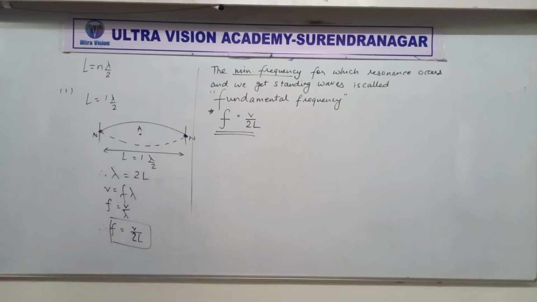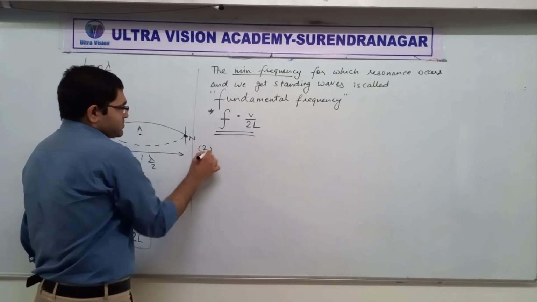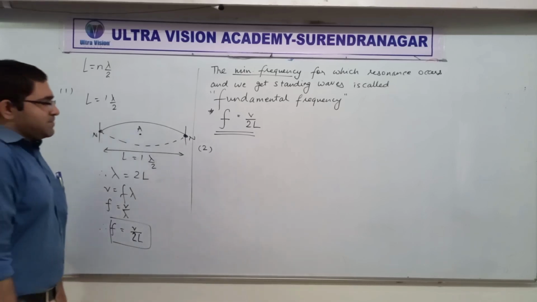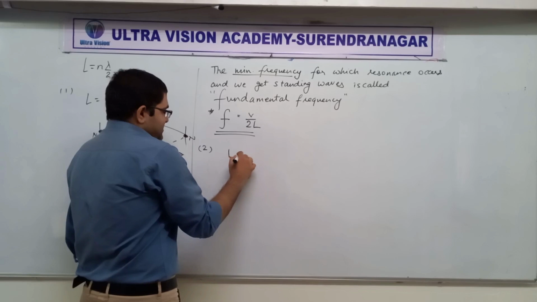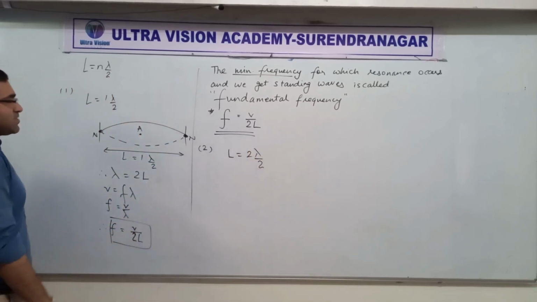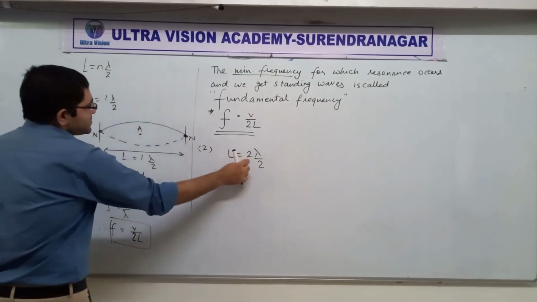Now let's go to the second case. The second case would be when L is equal to 2 lambda by 2. Is this clear? By the way, this is just equal to lambda.